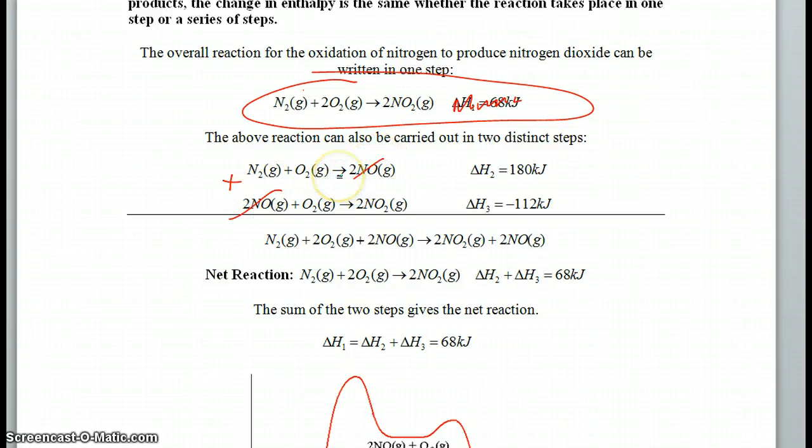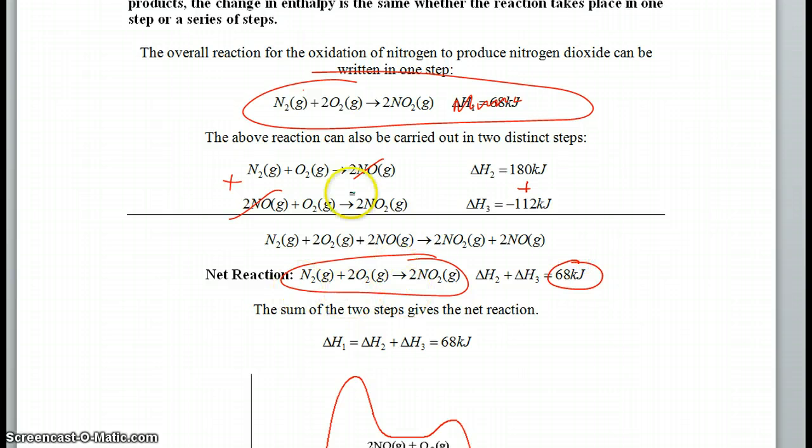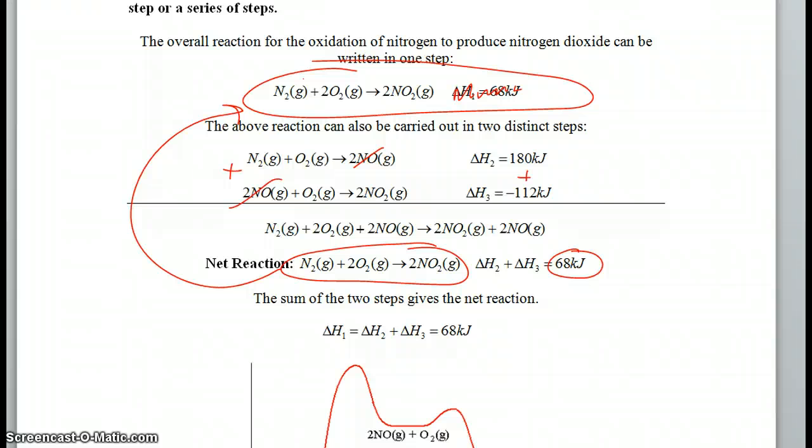NOs cancel, and then you're left with N2 plus 2O2 yields 2NO2. All you have to do to find the enthalpy value of this reaction when you've added them together is to add their two separate enthalpy values together. Okay, and you notice that this matches the reaction from above, and its enthalpy value is exactly the same. So by adding together those two reactions, we got the reactants and products to look identical, and therefore we could also figure out the enthalpy value.